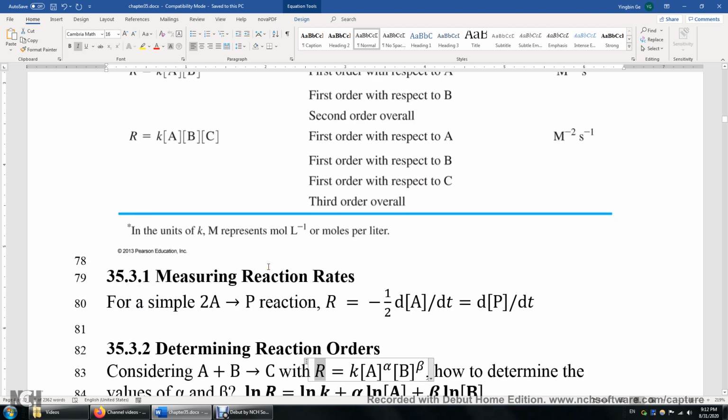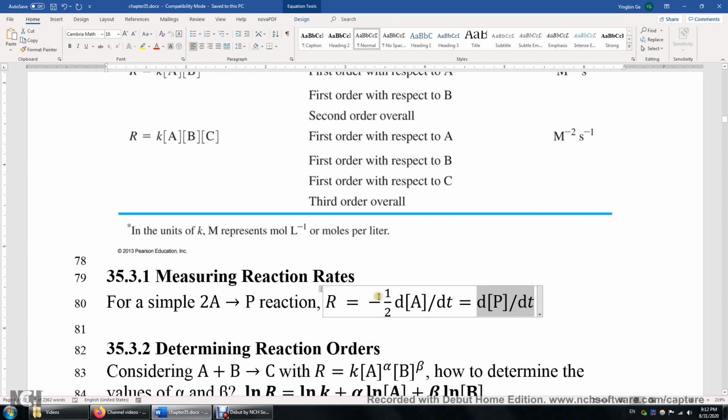How do we measure the reaction rate? Let me give you an example for this reaction. From 2A to P, we can measure the concentration of A or P and how these concentrations change with time. For example, dP over dt is the reaction rate.